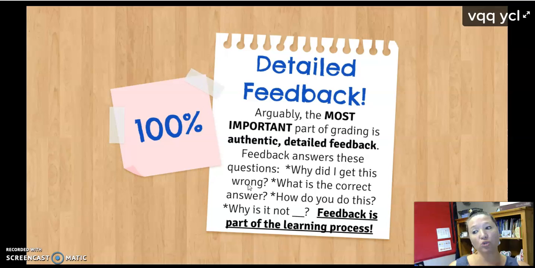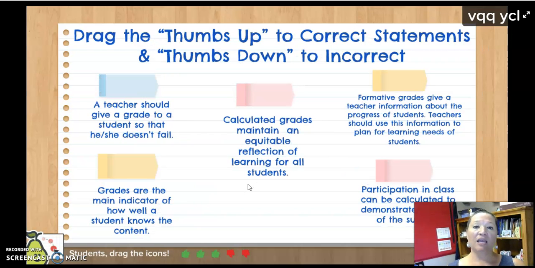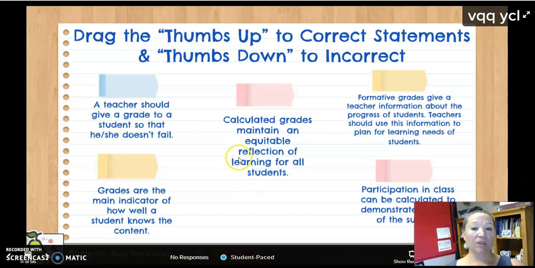So if you had a multiple choice and you had answers A, B, and C, and somebody answered B, the correct answer was C, the students can look and say, well, why is it not B? I chose B because of this, and then you can explain why, or you can explain why the other answer is the right answer. So feedback is part of the learning process. They take that, they process it in their minds, and then they're able to do better the next time.